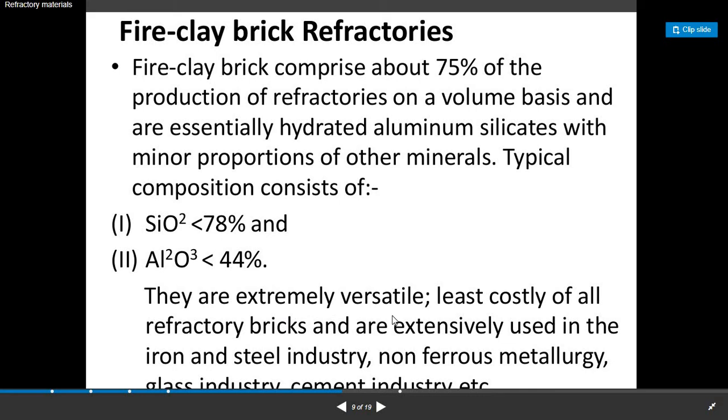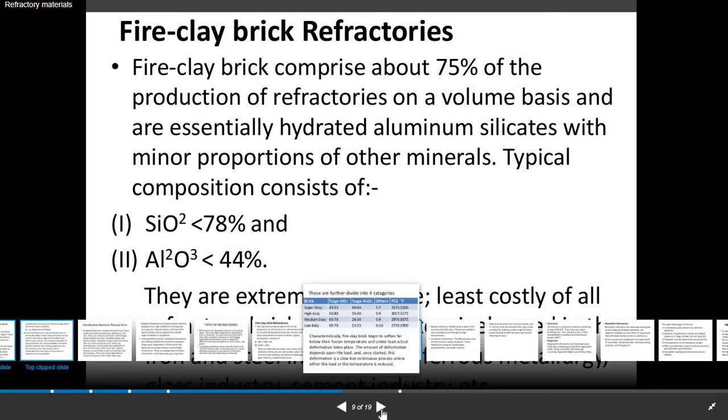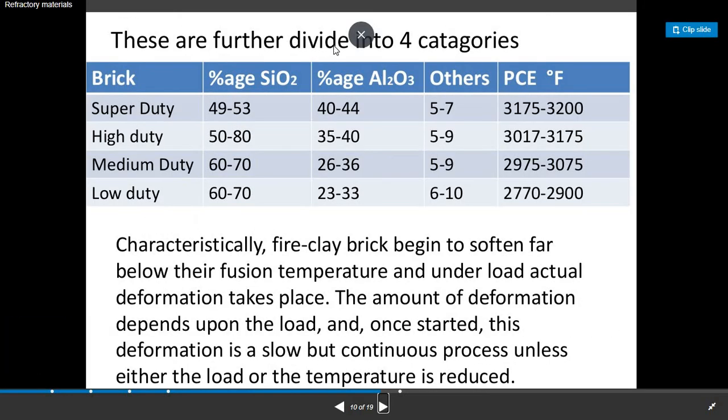They are extremely versatile, least costly of all refractory bricks and are extensively used in iron and steel industry, non-ferrous metallurgy, glass industry, cement industry, etc. These are further divided in four categories: super duty, high duty, medium duty and low duty, depending upon the variation of composition.